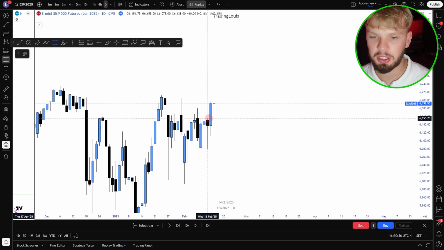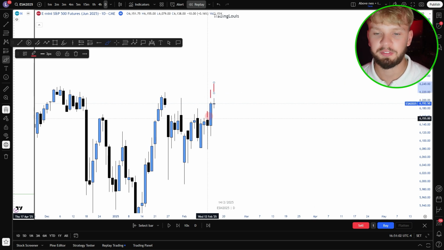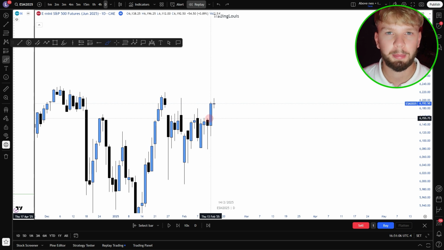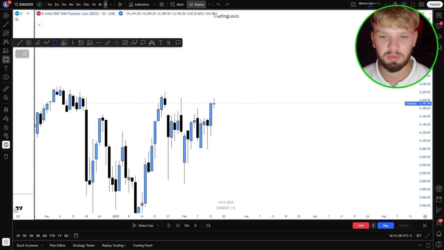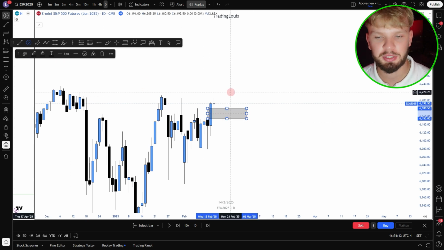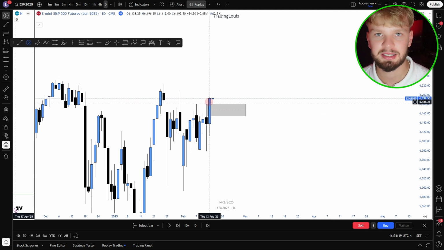The reason this is a bullish fair value gap is because we have 3 candles: 1 candle, 2 candle, 3 candle. The first and the third candle don't touch, connect, or overlap whatsoever. So this right here is the gap from the first to the third, and this is a bullish fair value gap. We know this is a bullish fair value gap because there is a bullish candle as the second candle.